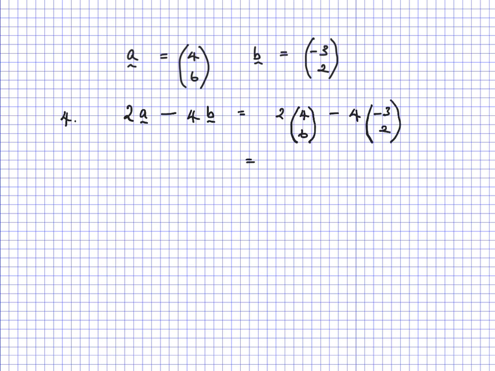So 2 lots of 4 gives us 8. That's (8, 12) then. I'm just taking the 4 in, so 4 times minus 3 is minus 12, 4 times 2 is 8. 8 minus minus 12 is 20, and 12 take away 8 is 4.